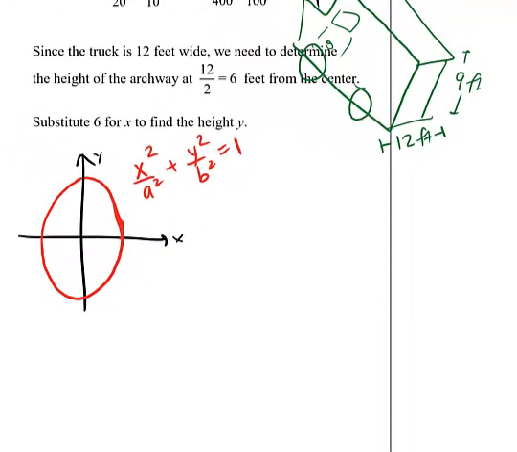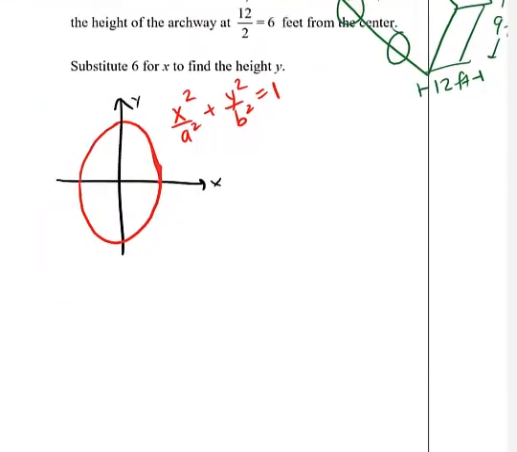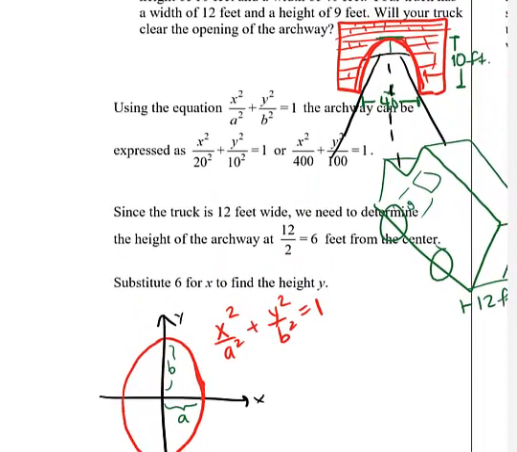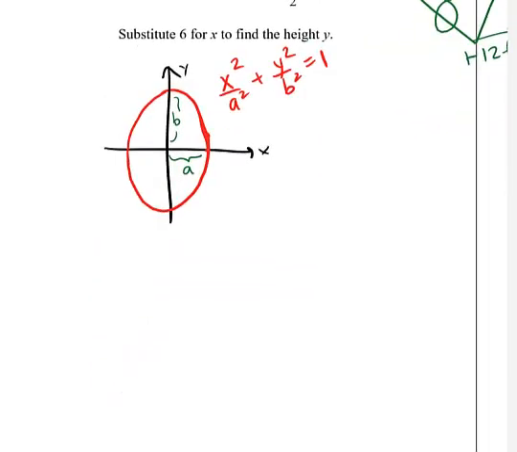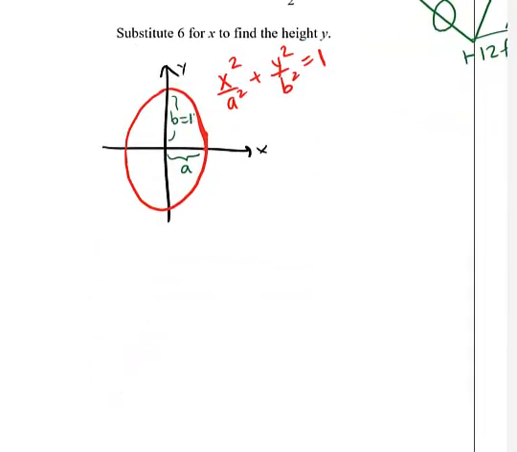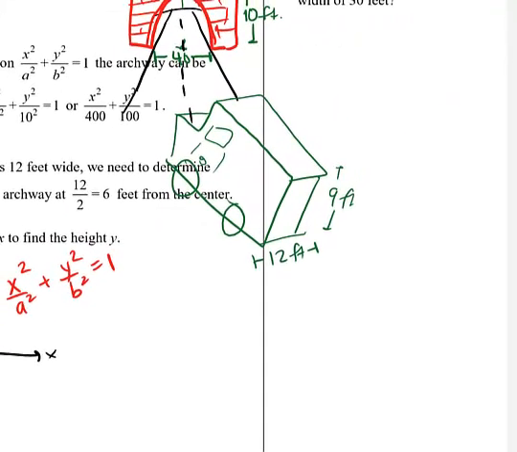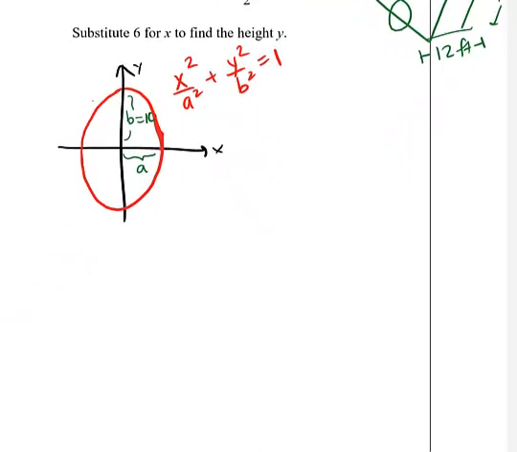If you look at the graph, a represents the distance from the center to the outside, and b represents the vertical distance. The archway is 10 feet tall, which means b is 10. But they said the archway was 40 feet wide, and 40 is the entire distance across.